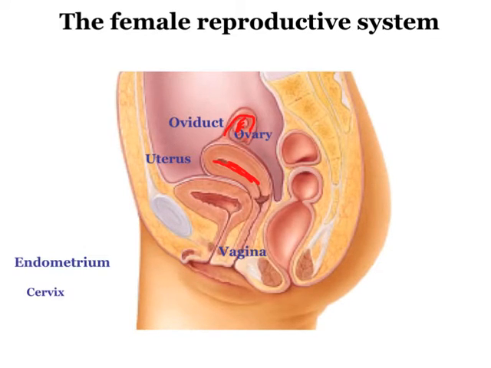Now the endometrium is simply the uterine wall. The endometrium is the uterine wall. Okay, so it's all this tissue in here. Not the cavity itself, but the outside where the wall is actually located.